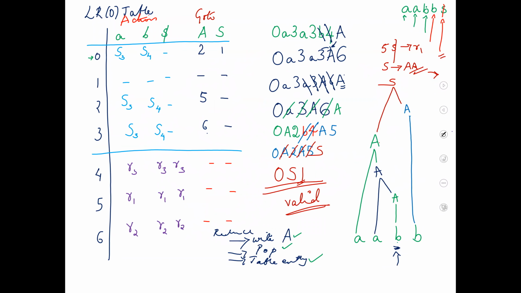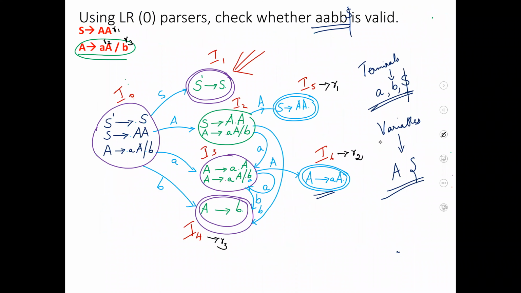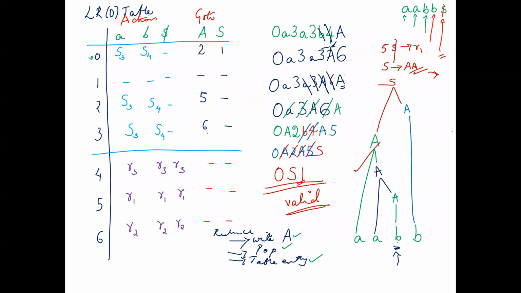And yes, you were able to even construct a perfect tree. So I say the string AABB is a valid string.